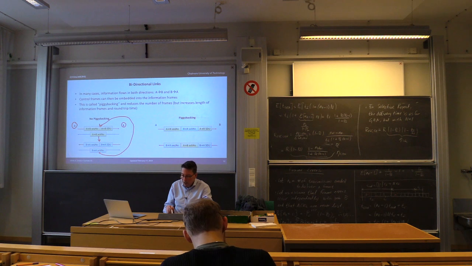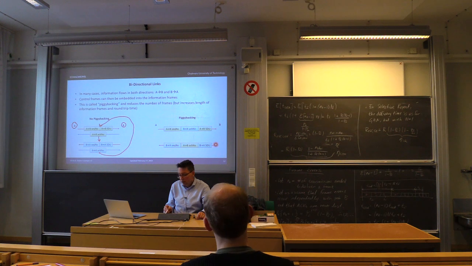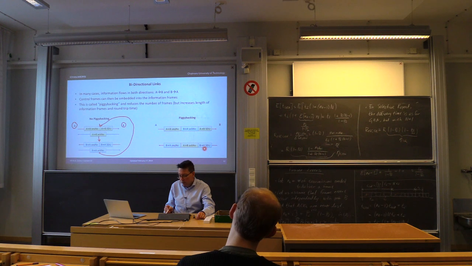So at the end of the day, it looks something like this: an information frame that goes from A to B carries payload and sequence number, just as it always does. But it also could carry an acknowledgement field. That acknowledgement belongs to the blue protocol, which is sending data from B to A. And the information frame that goes from B to A contains the payload, the sequence number for that payload, but also the acknowledgement number, which belongs to the green protocol, which is going in the other direction.